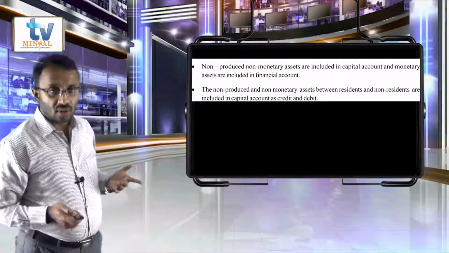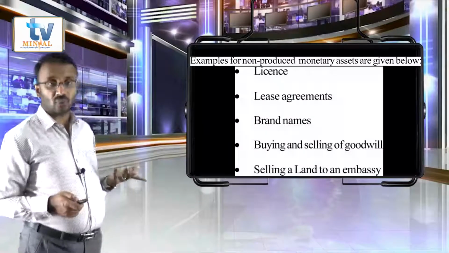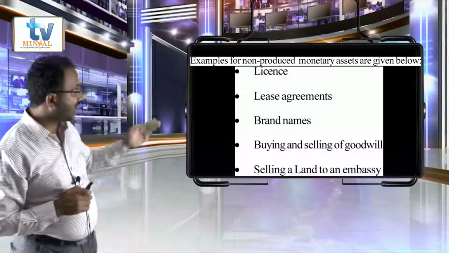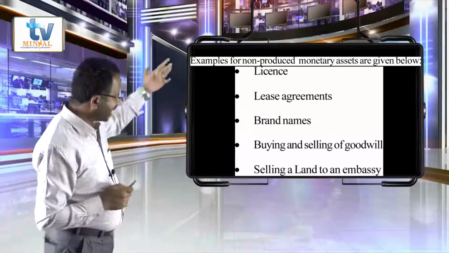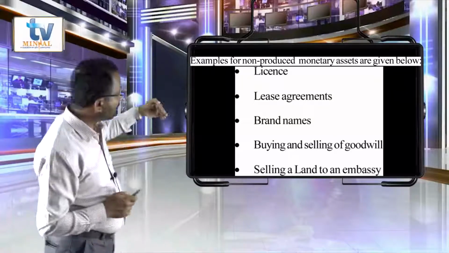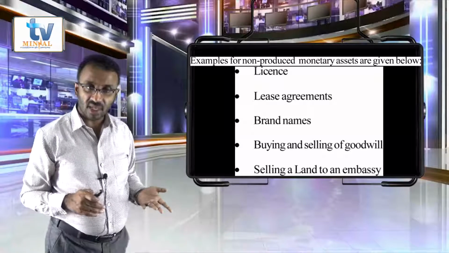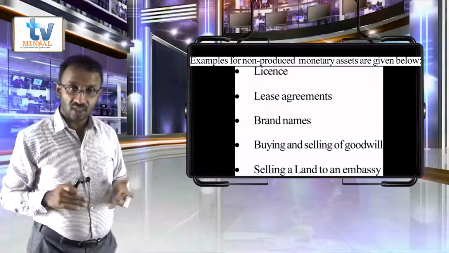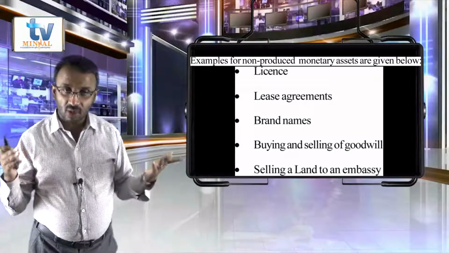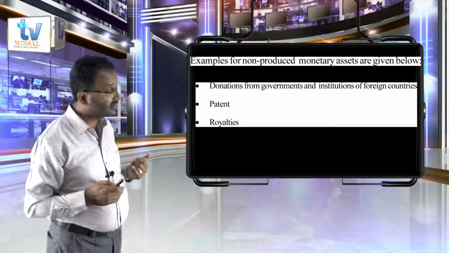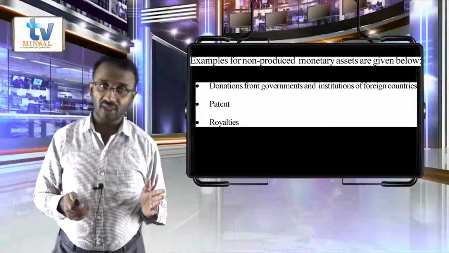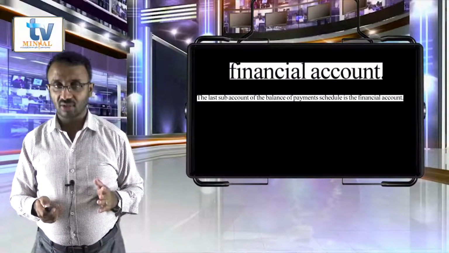Now I can give some examples for non-produced non-monetary assets. For example, licenses, lease agreements, brand names, buying and selling of goodwill, selling of land to an embassy, patents, royalties, donations from governments and institutions of foreign countries can be included here.